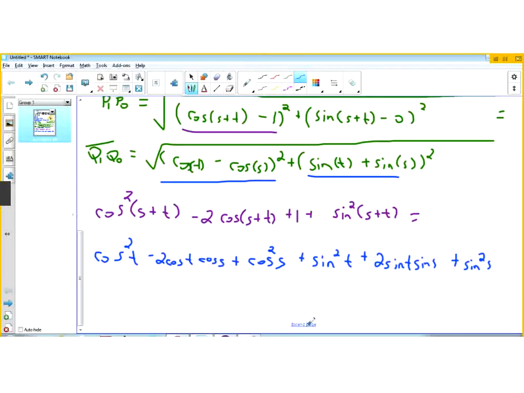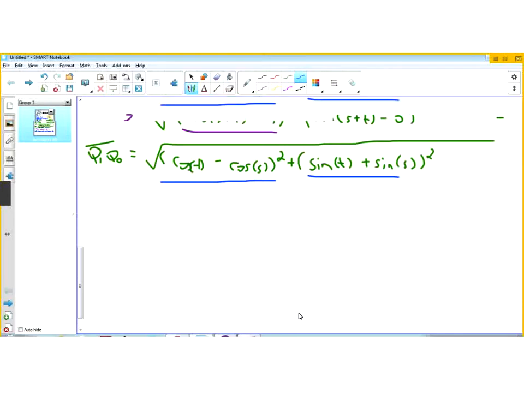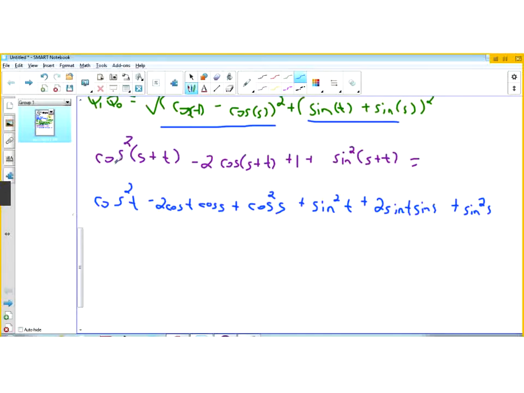Now I think we can simplify terms. Just focus on this equation. Cosine squared plus sine squared of a quantity is, of course, 1. So simplifying, these two terms evaluate to 1, and 1 plus 1 is 2.